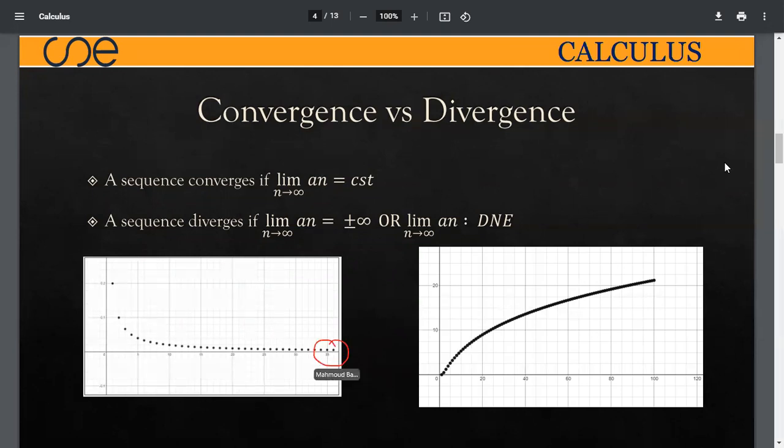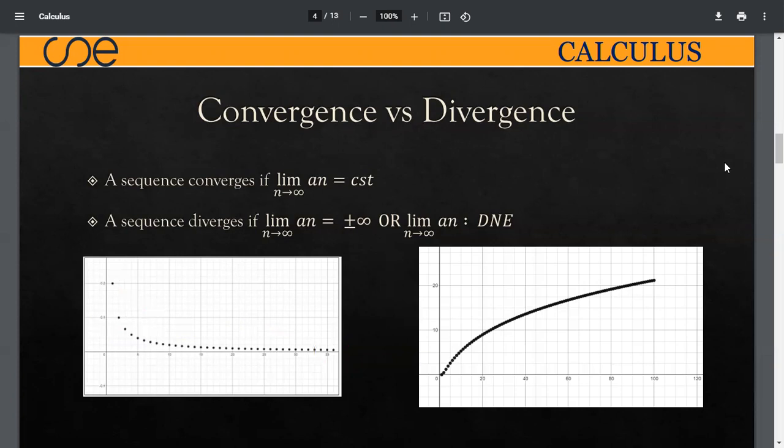If I try to find a very large, the infinite term, this term would be equal to 0. So this sequence is said to be a convergent sequence, and it converges to 0. The sequence could be like this, and it converges to some number here, let's say this is C. So it converges to C.